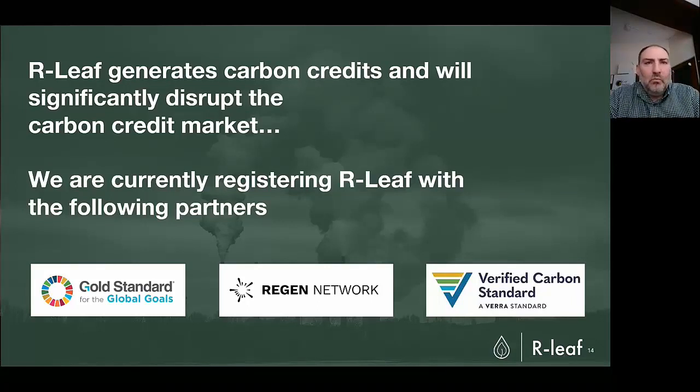Currently, we're working with Agrina, where we're adding R-leaf, so that if a farmer wants to use R-leaf to reduce the nitrogen, they can do that now and claim carbon credits for the reduction of nitrogen. Not for R-leaf yet, but for the reduction of nitrogen. That is Agrina, and we're happy to connect you with them. This is pretty much the first step that R-leaf is responsible for some carbon credits.